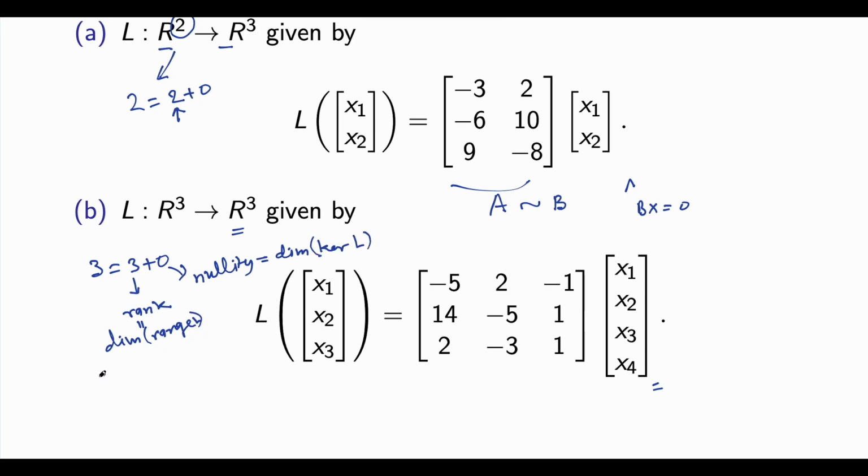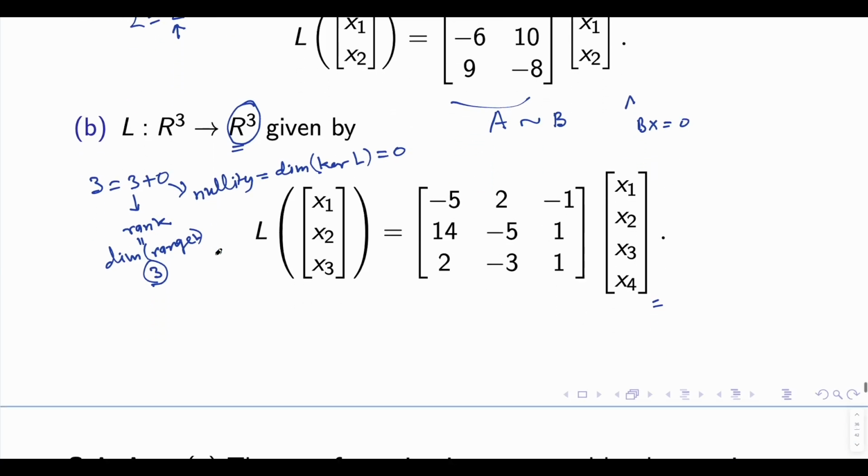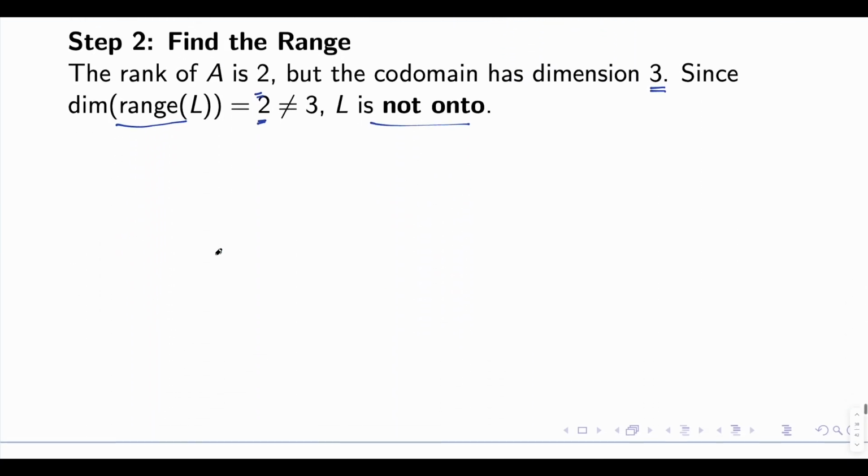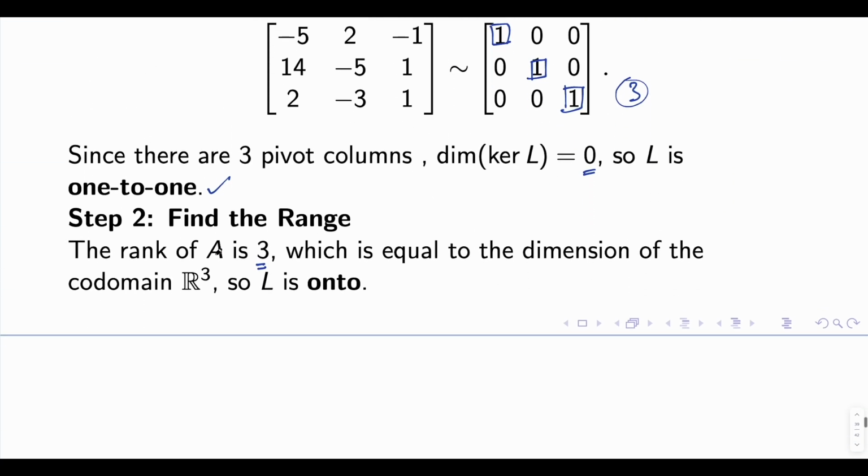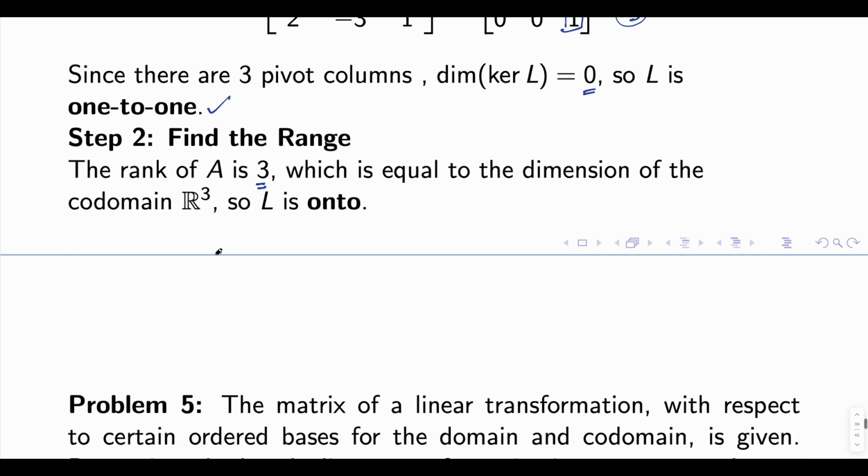L is a linear transformation, right? So since this is 0 and this is 3, the dimension of range of L is equal to the dimension of W. 3 equals 3. So this map is onto, right? So the second map is onto. So this is 1 to 1 as well as onto, both.